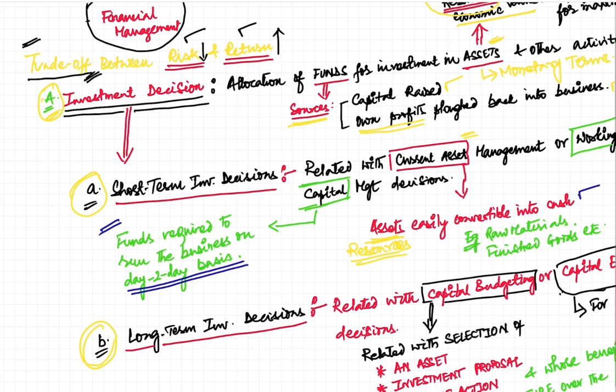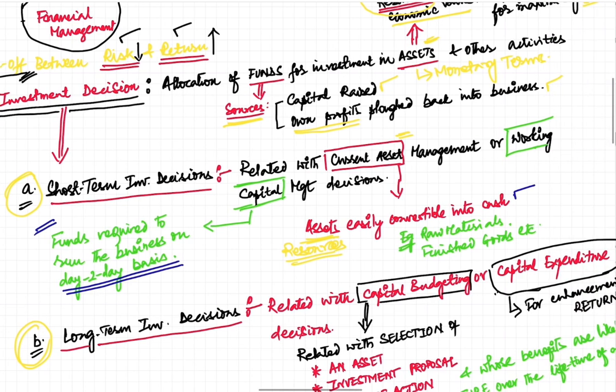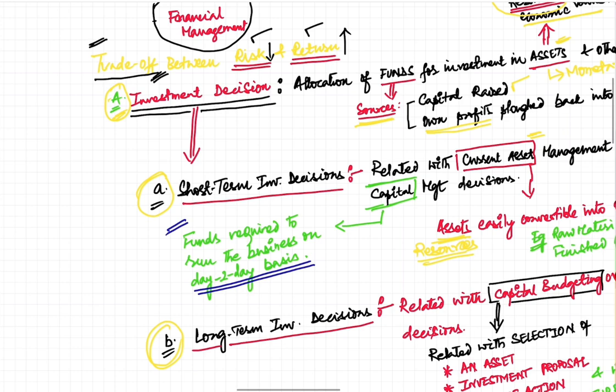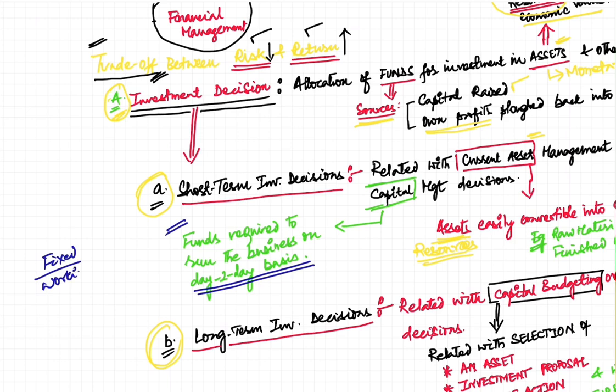If you remember in your graduation days, we used to have two types of capital. One was fixed, the other is working. Fixed is used for buying land, machinery, right?